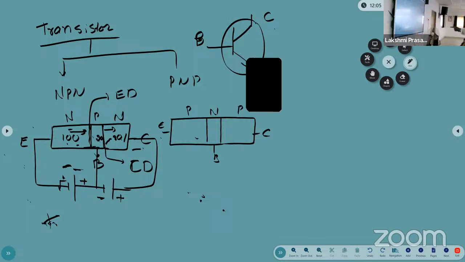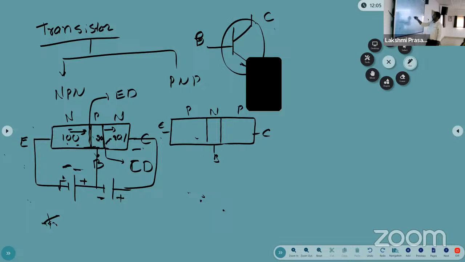What is the electron direction in the NPN transistor? Emitter to base. So what is the current direction? Opposite. Okay, base to emitter. So this arrow indicates the conventional current direction, similar to PN junction diode. So the current is going through the base to emitter.